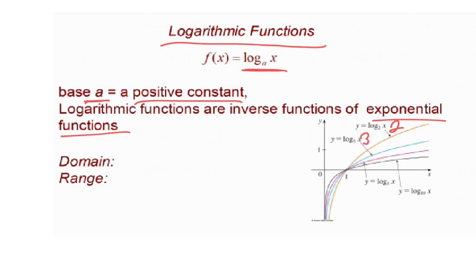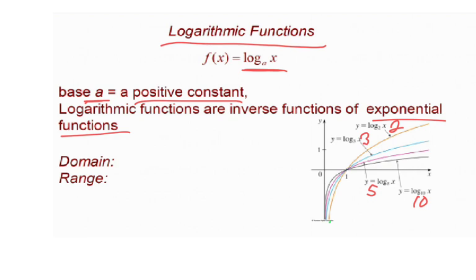And then the pink one is a base 5, and then the black one's a base 10. Notice as the base gets larger, what happens to the graph? It's getting shallower, so things happen more quickly on it as the base gets larger.